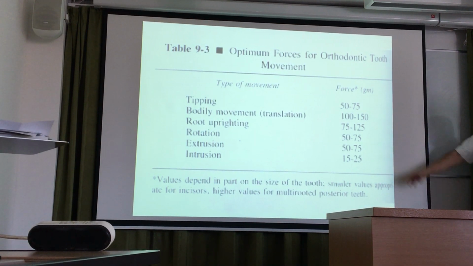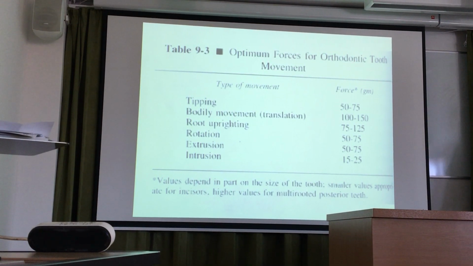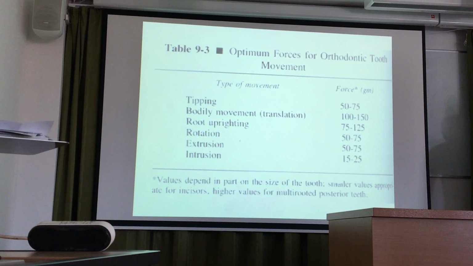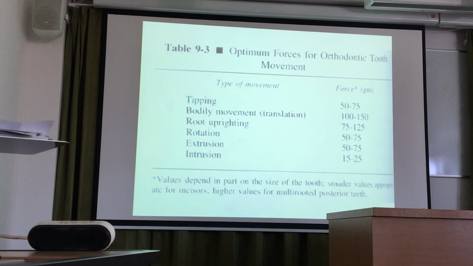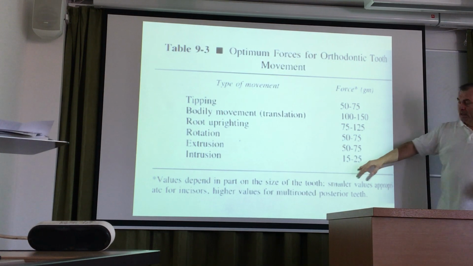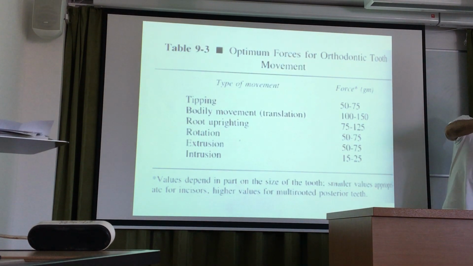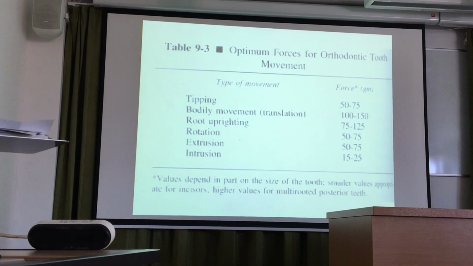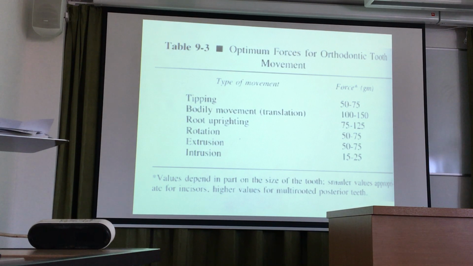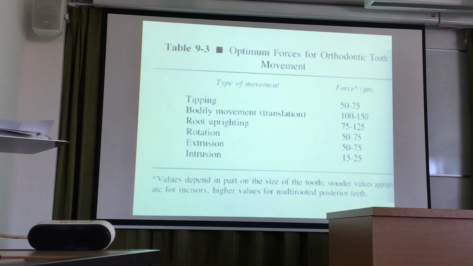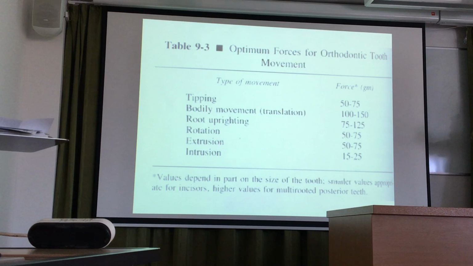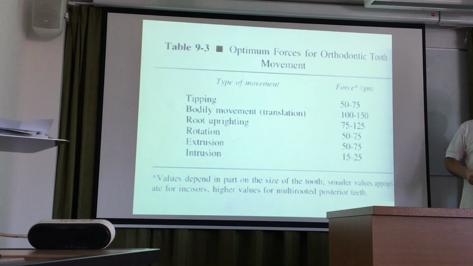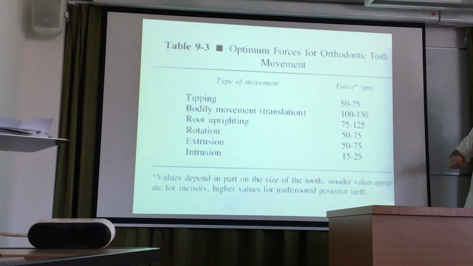When you would like to intrude the tooth, because it is over-erupted, the crown is elongated, you should use only minimal forces, because the root apex is a very, very small area, and you need only little forces to push the tooth into the bone.